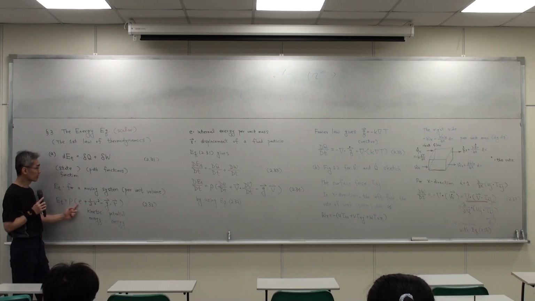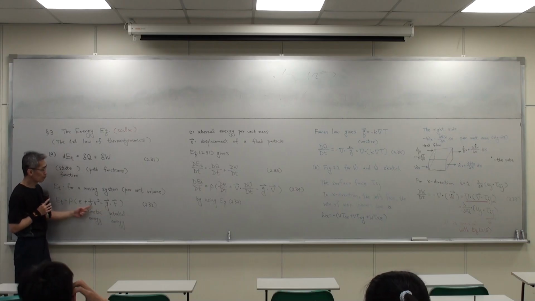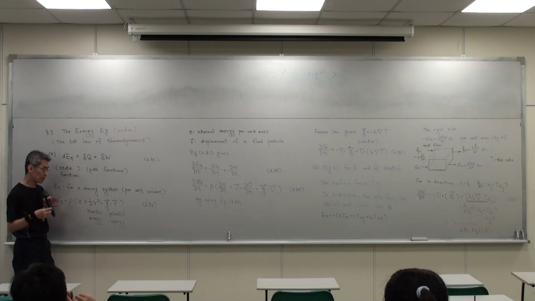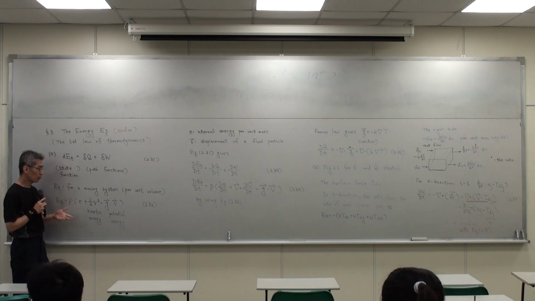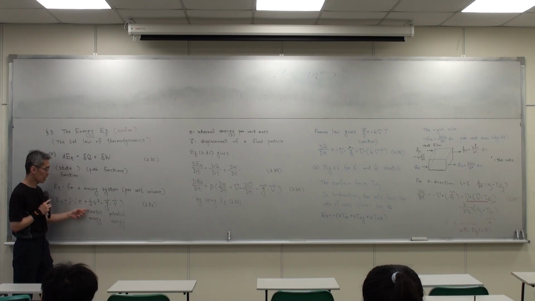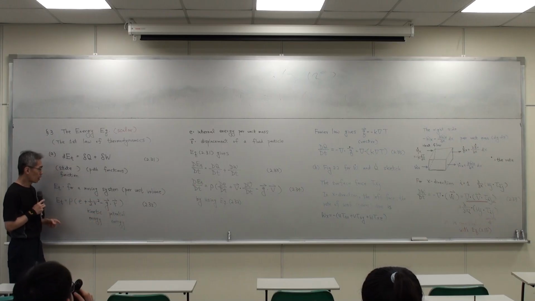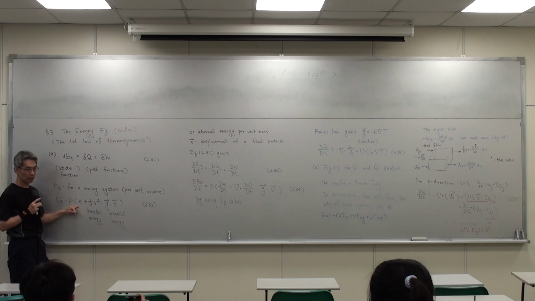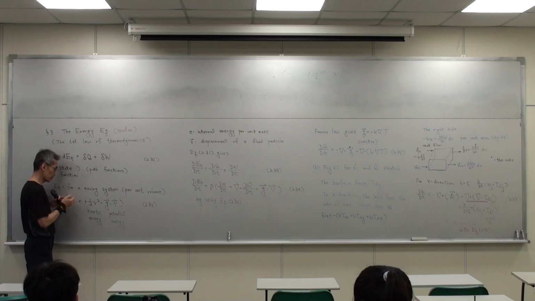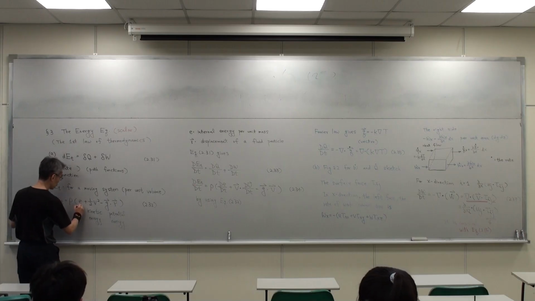The other two are due to external forces. For example, the gravitational force or your pressure will change this kind of energy. So basically, this energy can be rewritten for the open system, and we can rewrite it in terms of pressure.